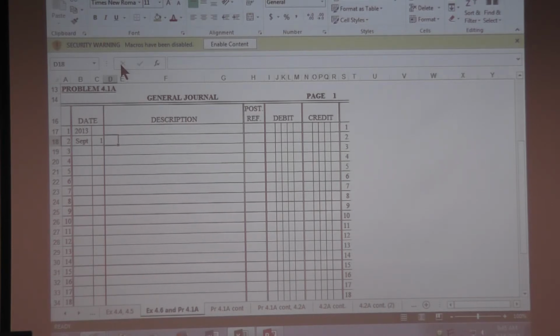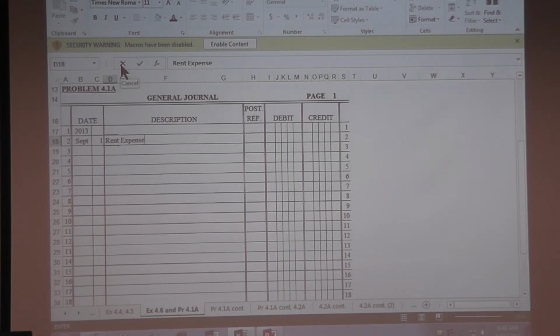So first, what 2 accounts are affected? Rent expense and cash. Which one do we debit? Rent expense. It goes on the top. We said it was debited. Does it go in the debit or the credit column?